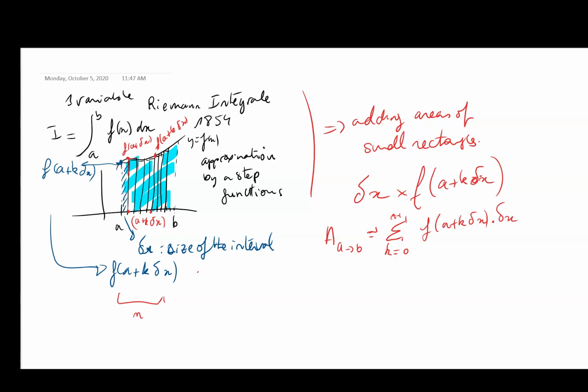Now, the approximation is going to get better and better as delta x tends to 0. I have smaller and smaller widths, and I've got a better and better approximation. Okay, so locally you can view that. If your function is looking like this, maybe with some big delta x, you're going to get this approximation, right?